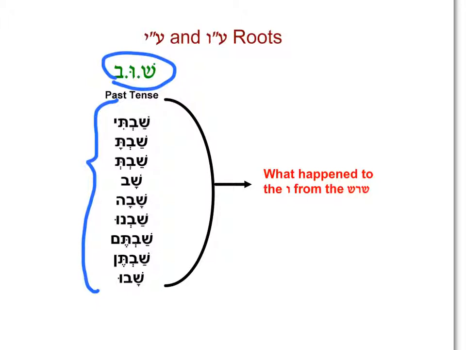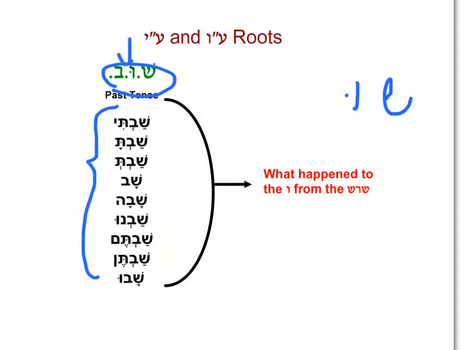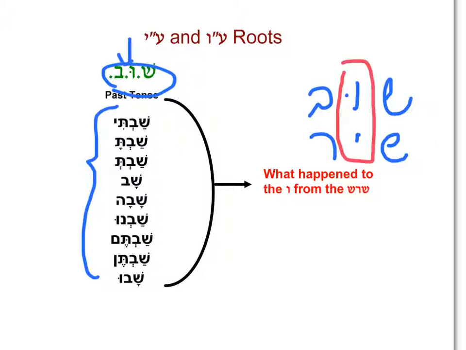But what is missing? The vav of shuv slipped out. I've heard people explain this as thinking about the yud or the vav being so skinny that it just slips away. That's why it's not seen in past tense, and we're going to see in a moment in participles.